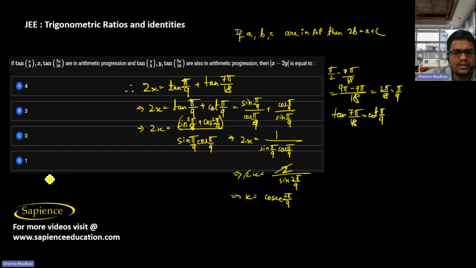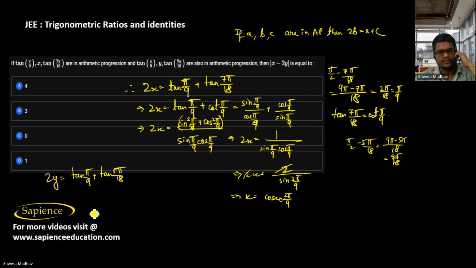Now similarly 2y, that we can write, that is tan pi by 9 plus tan 5 pi by 18. Now pi by 2 minus 5 pi by 18, if we do, then we will get 9 pi minus 5 pi by 18, that is 4 pi by 18, that is 2 pi by 9.